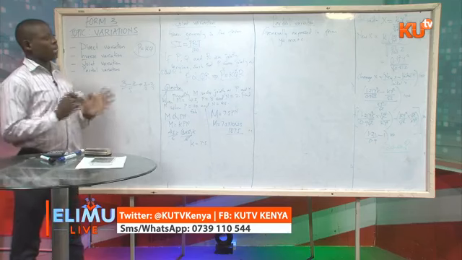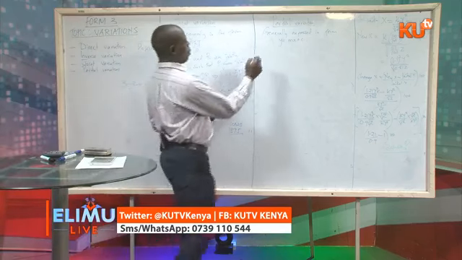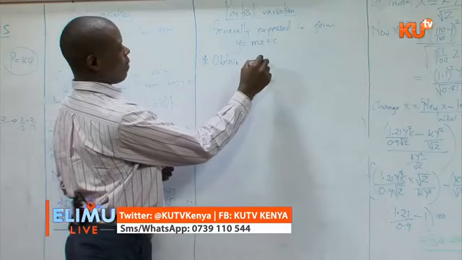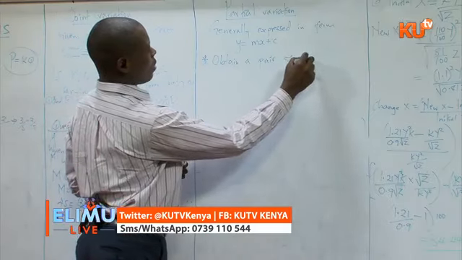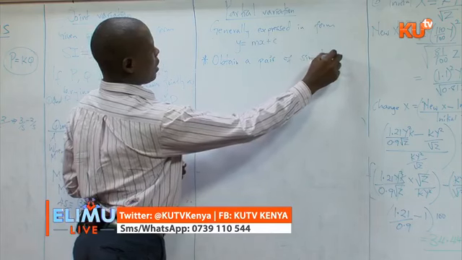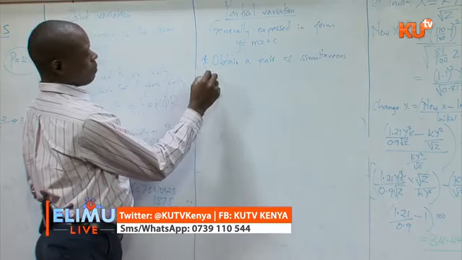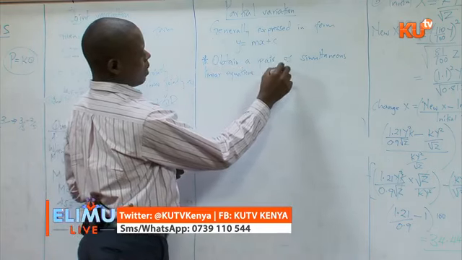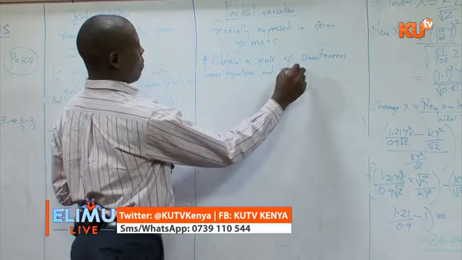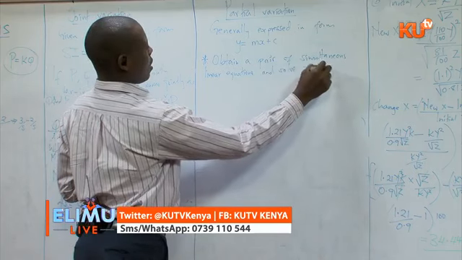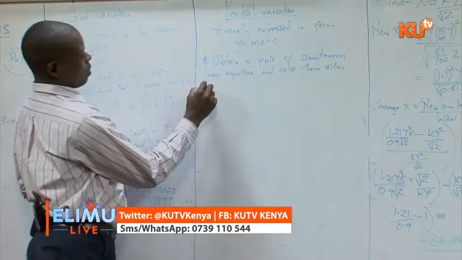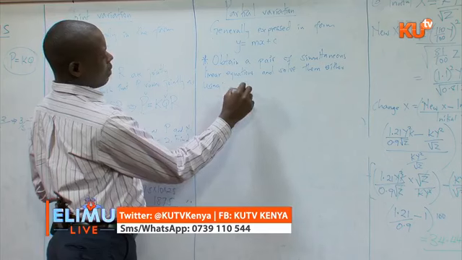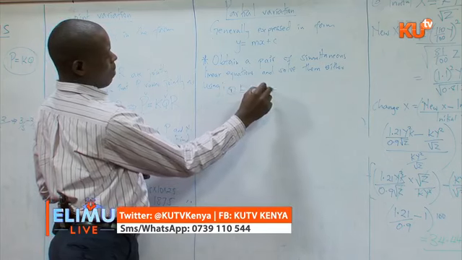So for any case, when you're looking at partial variation, always note that what you'll do is obtain a pair of simultaneous linear equations and solve them. And we said last time that we solve them using any of the methods. Number one, use elimination, if you find that is the simplest.